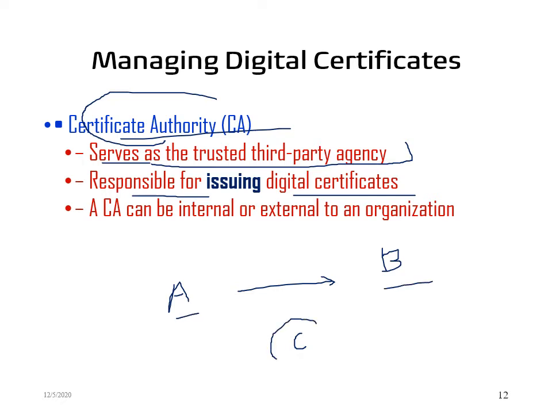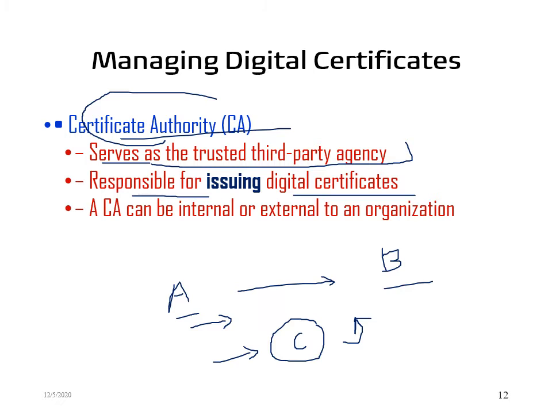So with the help of C, I am confirming that A is sending some information to B that he couldn't deny. Here C acts as a third party agency. He is responsible for issuing the digital certificates, verifying that the particular owner is transmitting the message, and that the public key is from the verified owner.